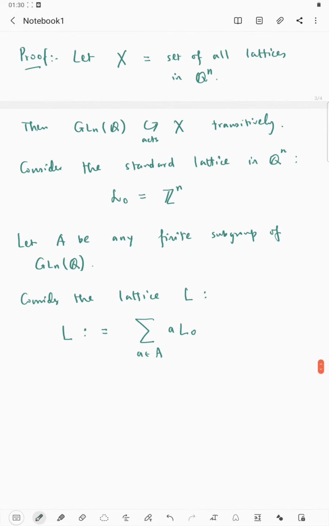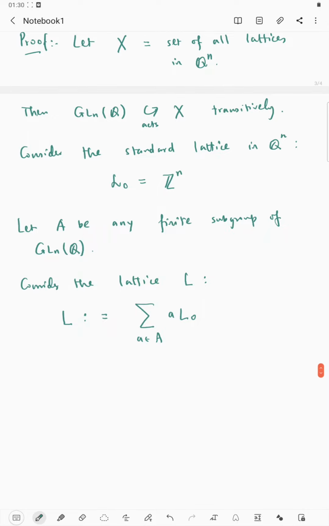And since GL_n(Q) acts on X transitively, the stabilizers of any two lattices inside GL_n(Q) are conjugate, right? So it is a standard result in group action.